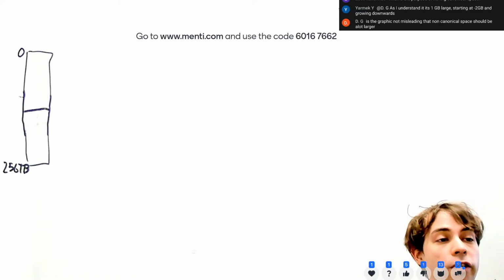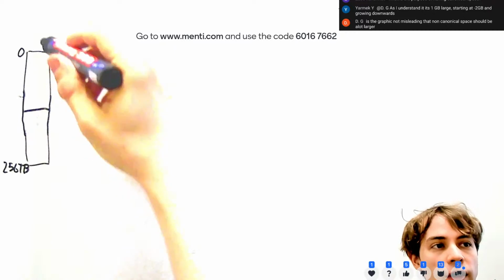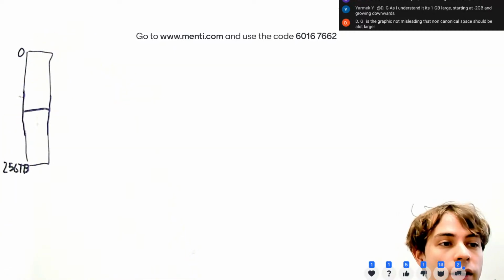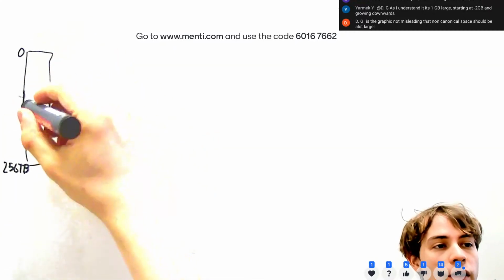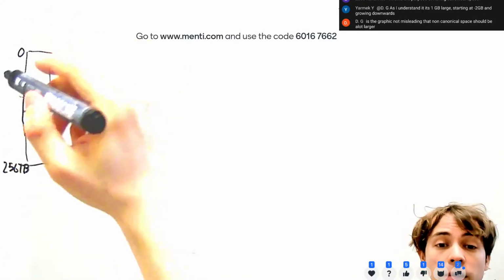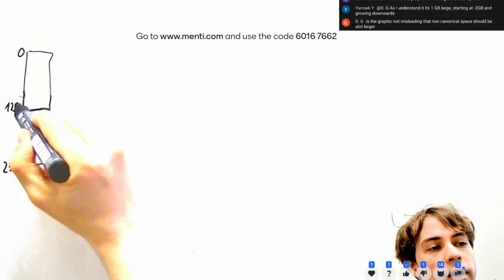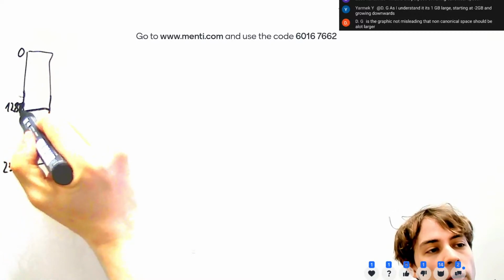The graphic, of course, is misleading because the non-canonical space would actually consume almost the entire address space. That's the largest part of the address space, the non-canonical part, for future compatibility. Okay, so 128 terabytes here.